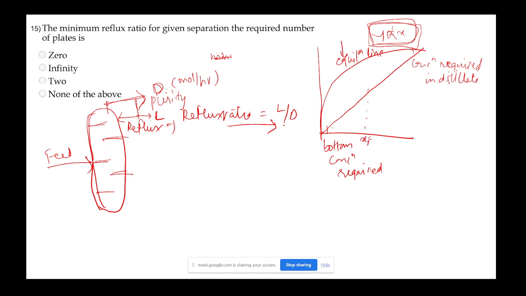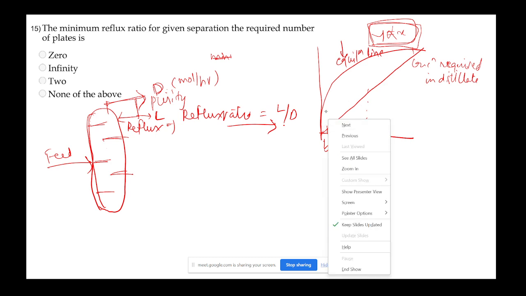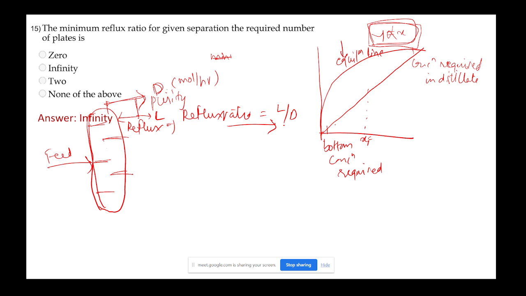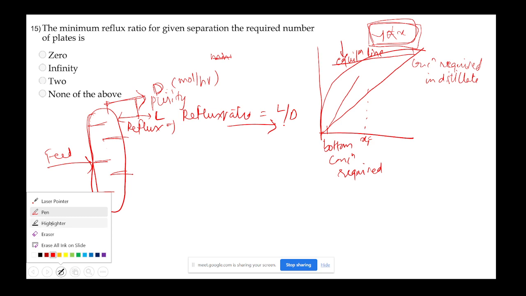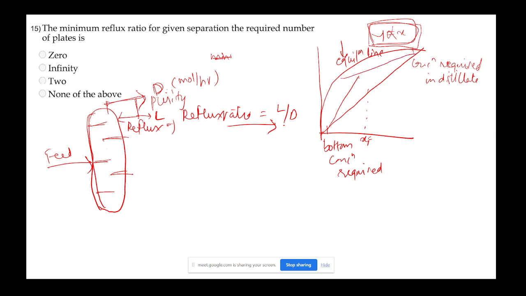So based on all the data points that have been given, you draw some operating lines. Say for example, this is the operating line, and this is the feed line.